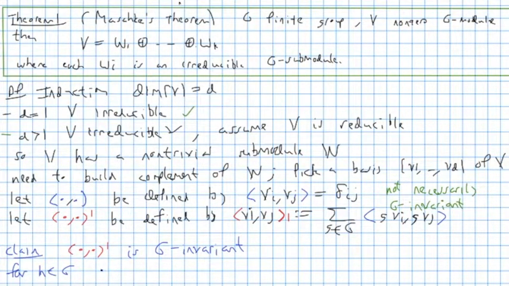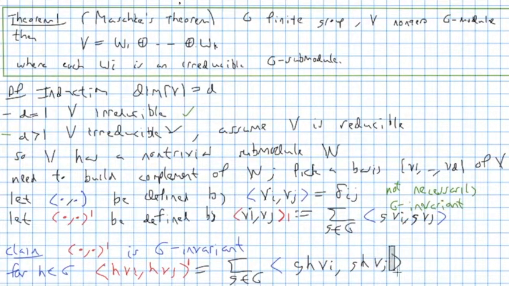Then the inner product of h vi and h vj, by definition, is going to be the sum over the elements in the group, of the first inner product, of gh vi and gh vj, summing over the whole group.